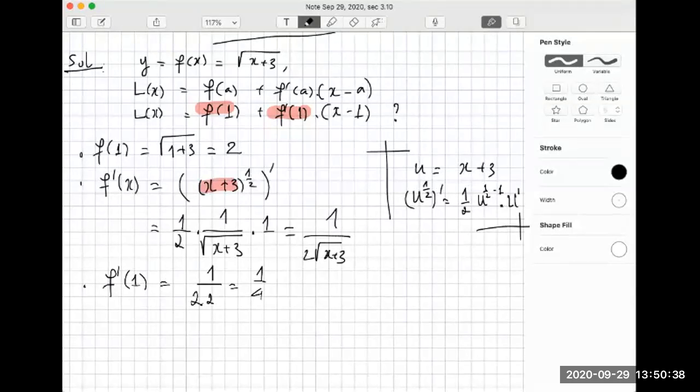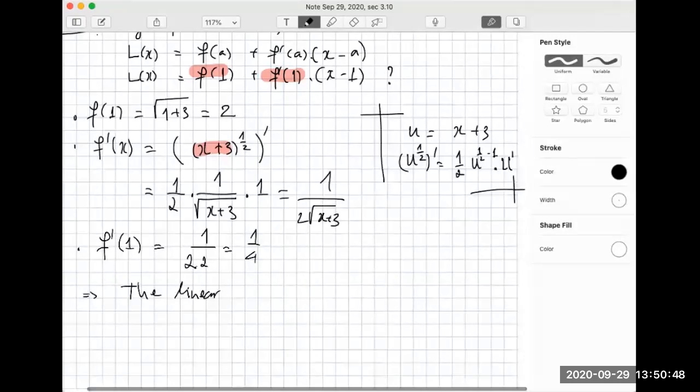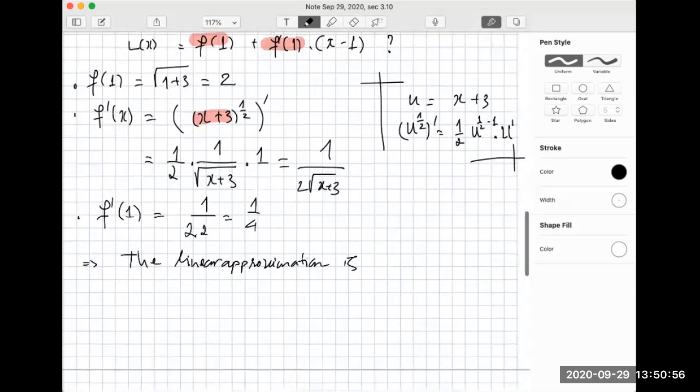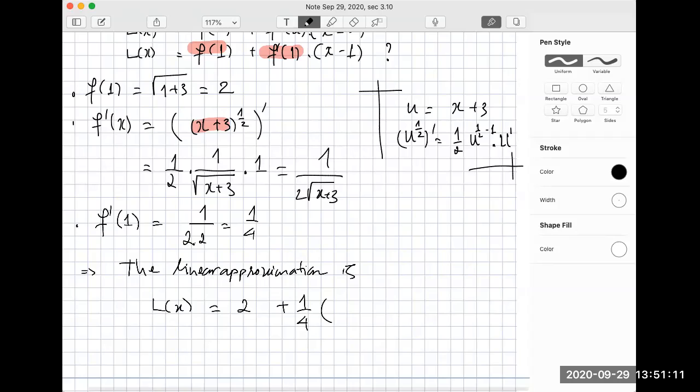So we know f prime, we know f, and the point. Therefore, the linear approximation of the line is f of 1, which is 2 here, right? Plus f prime, which is 1 over 4, times x minus 1.